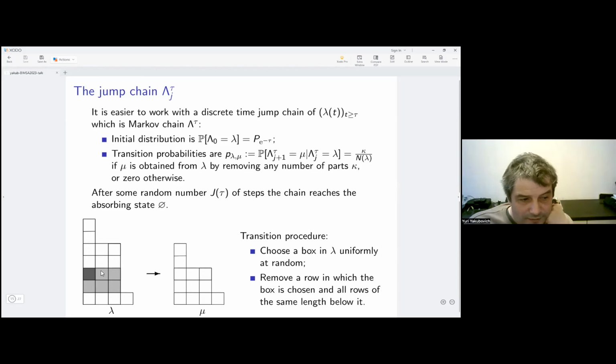So in this example, we first choose this black box, and remove 6 gray boxes and end up with this partition.